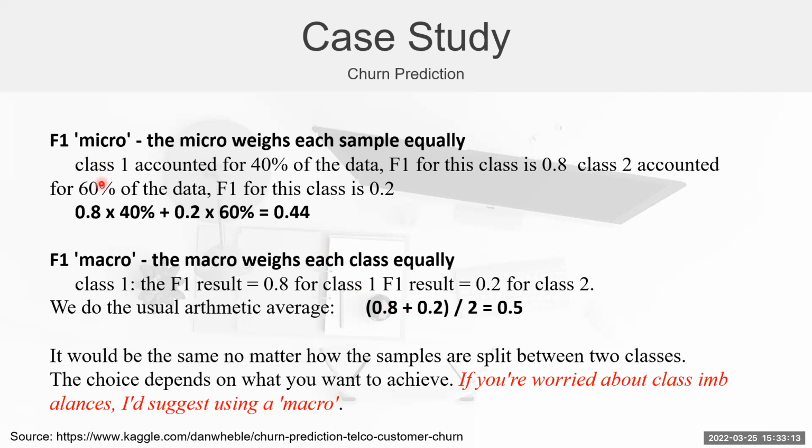But for F1 micro, we consider the percentage of data, not only the F measure but also the percentage of the data. So it is an indication that if you are worried about class imbalance, I suggest you use macro. If we are not worried, we can use micro.